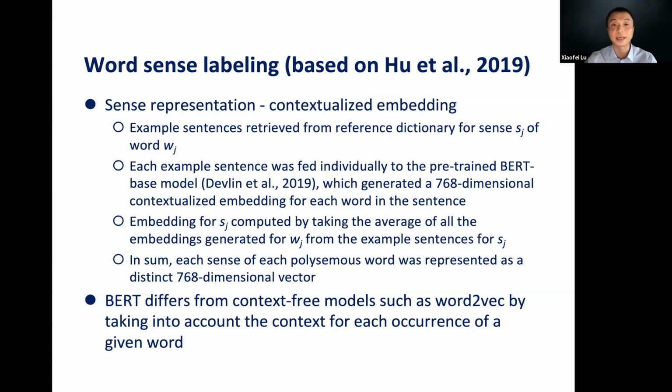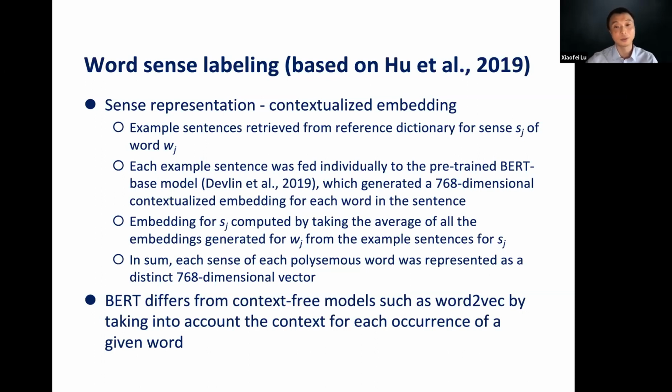So if a sense has 10 example sentences, we build an embedding for that word using those 10 sentences, take the average of those embeddings, and use that as the sense embedding for sense S.